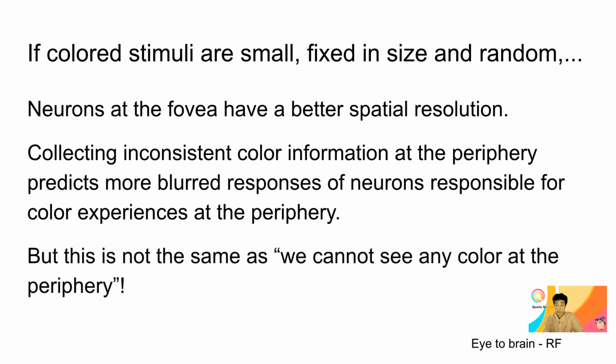That explains why we can see the color vividly if it's big, constant and uniform, but not if it's small. Taken together, you cannot say that we cannot see color at the periphery. As long as the stimulus is in the right condition, we do see color at the periphery.